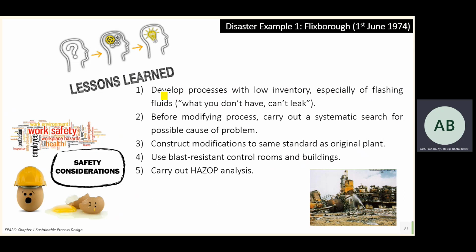Now, these are the lessons that you can learn from this disaster: develop processes with low inventory, especially of flashing fluid. Before modifying the process, carry out a systematic search for possible causes of problems, then construct the modification to the same standard. The standard should be the same, even for temporary equipment.